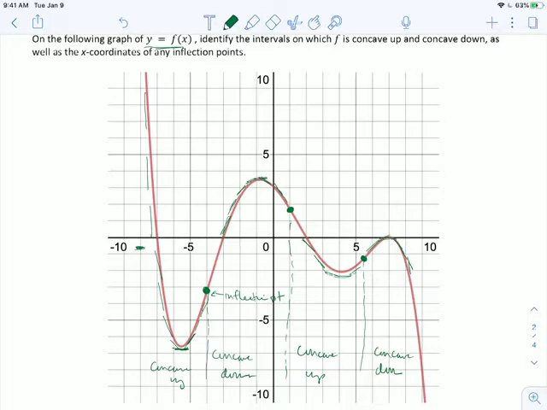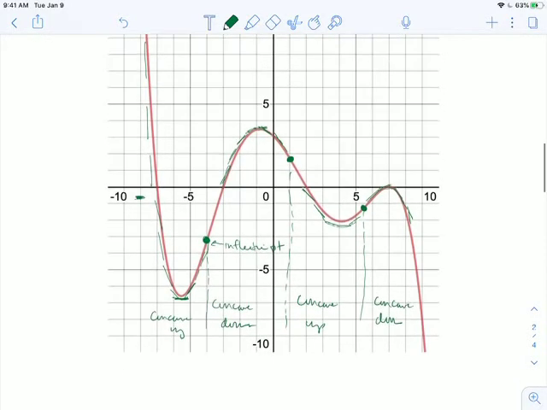And so if I want to try to summarize this, I would say that the function is concave up on minus infinity to roughly minus 4, and then somewhere roughly around 1 to 5.5.